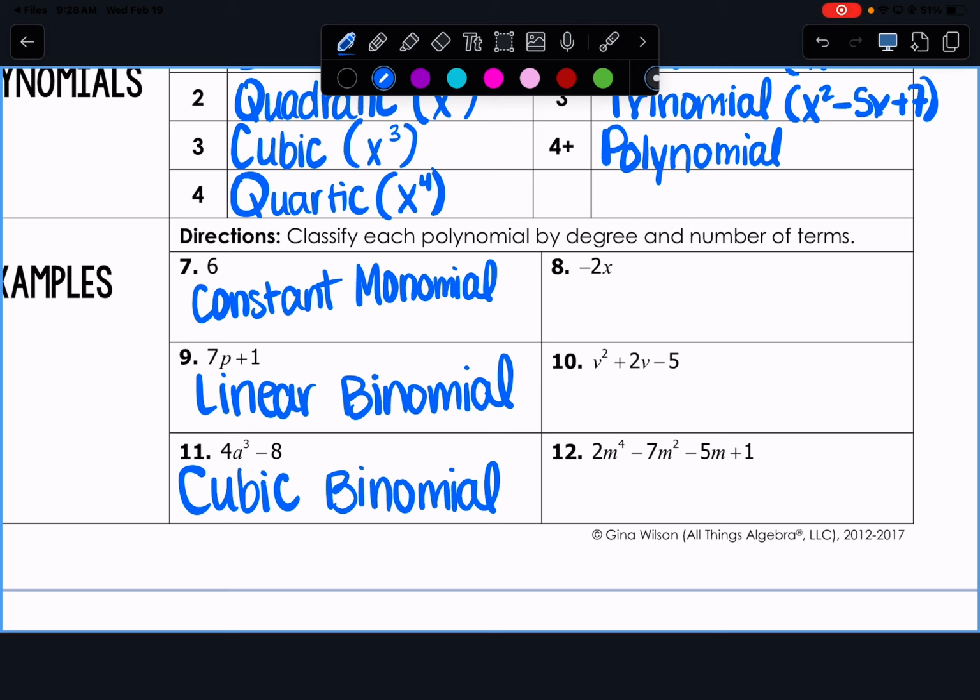I don't know if it's x minus 7 or linear. It's linear, because the x has a 1.